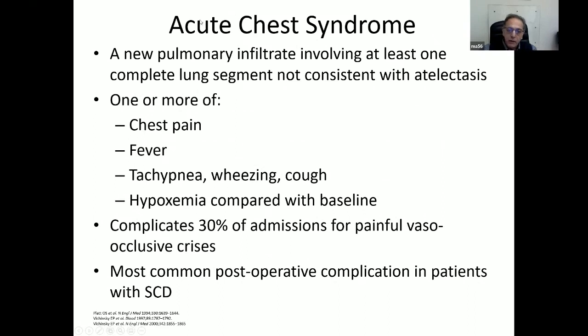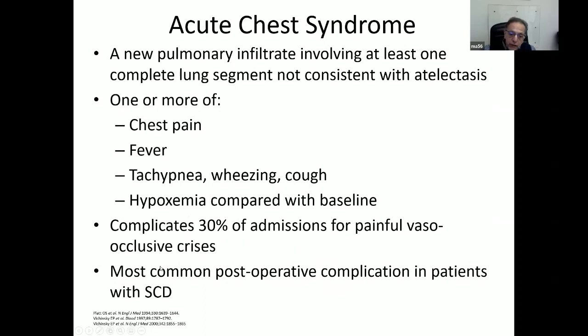Now, acute chest syndrome, this group should be familiar, a new infiltrate, usually involving a complete lung segment with chest pain, fever, tachypnea, and hypoxia. And it can complicate up to 30% of admissions for vaso-occlusive crisis. Also, it's the most common post-operative complication in sickle cell patients.